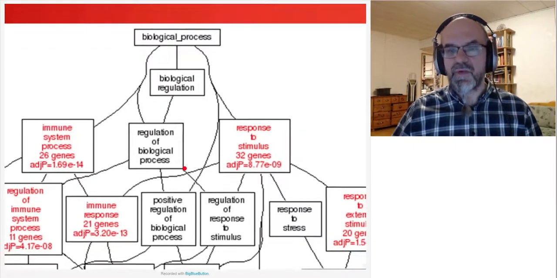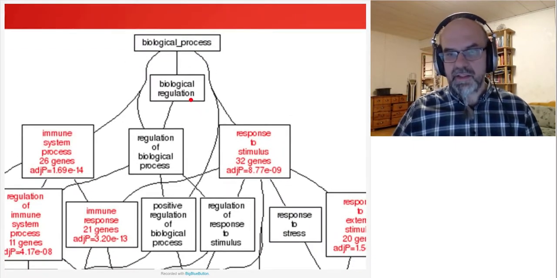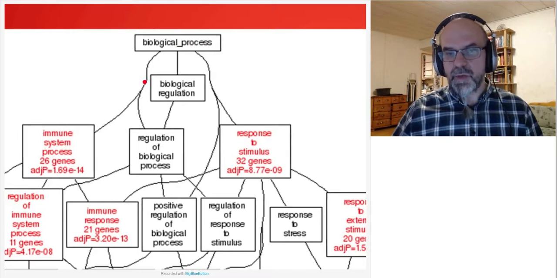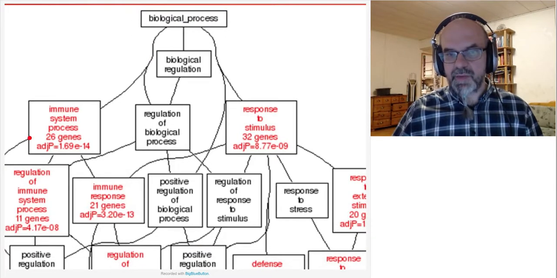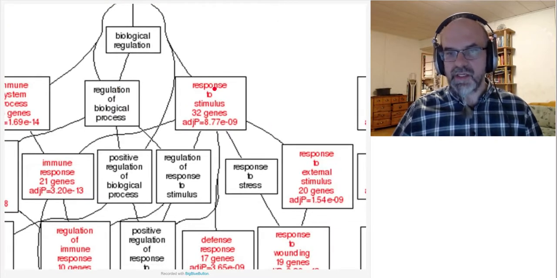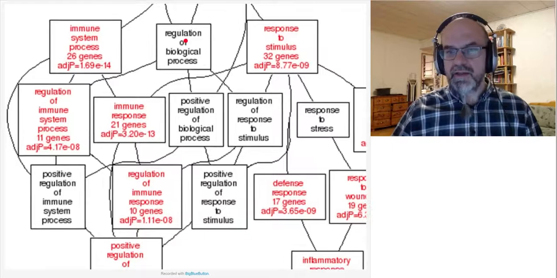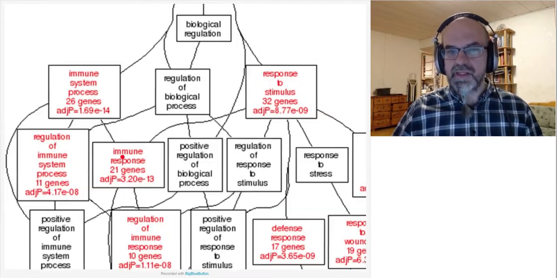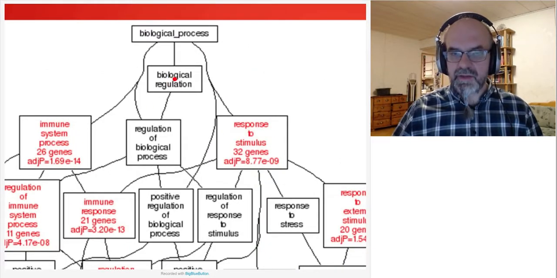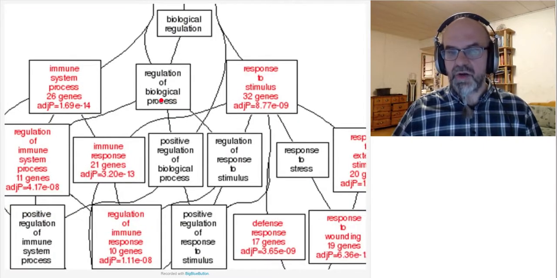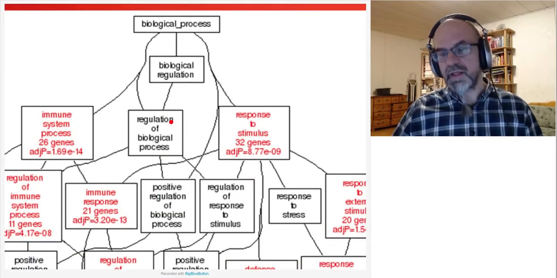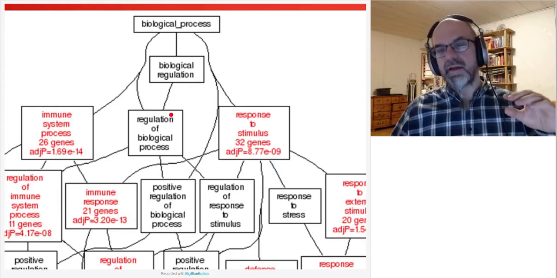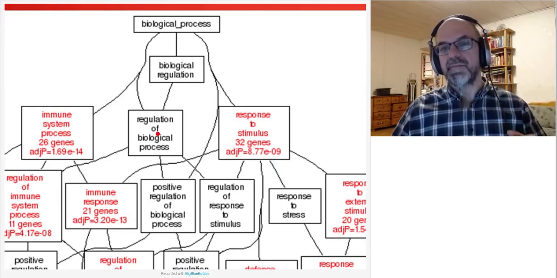This is actually a figure from one of my research studies. You can see that for biological processes, there are subterms like immune system processes, regulation of biological processes, response to stimuli. And then some of the terms or subterms have even sub-subterms under them. What is important is that terms at a higher level and terms at a lower level are different, usually in that terms at a lower level are more specific.